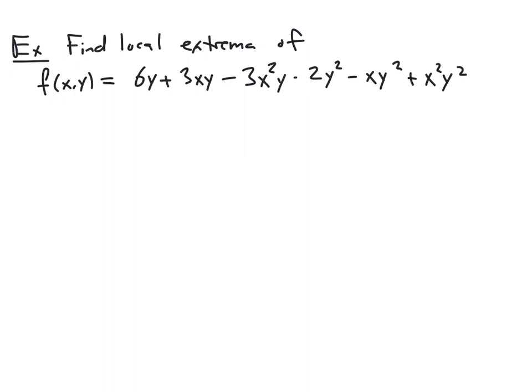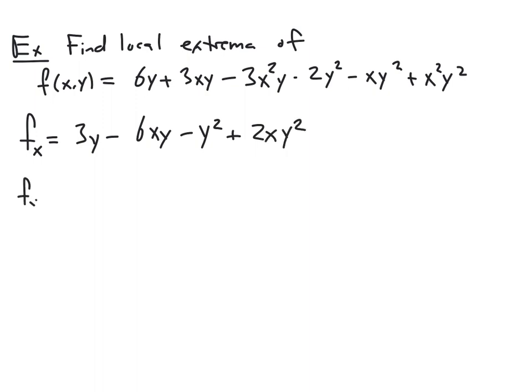All right, now once again, I look at that, I see that it's a polynomial, so I'm comfortable with the fact that all of our partials are going to be continuous, and so we can use our second derivative test. So the first step is to compute our partial derivatives. So f sub x, if we just differentiate across, we're going to get 3y minus 6xy minus y squared plus 2xy squared.